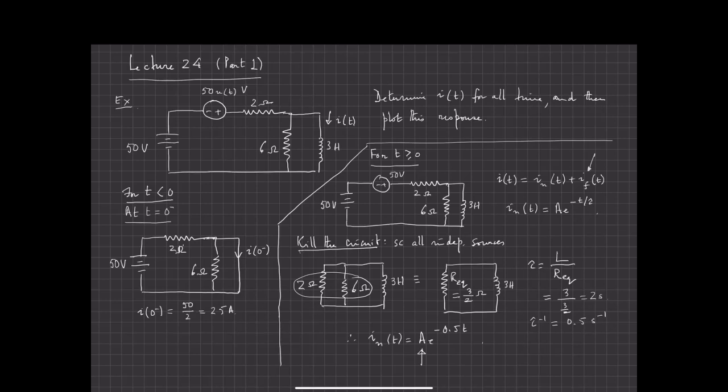The natural solution is the transient solution between where the circuit was at 25 amps, right, that we did at t equals 0 minus. Then there's this transient to where it is finally going to go, where the 50 volt plus the 50 volt sources are pushing this circuit.